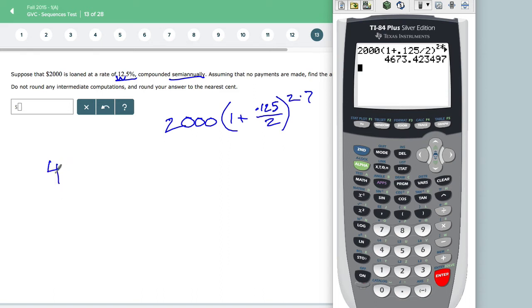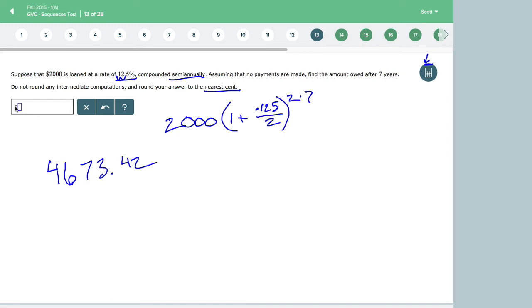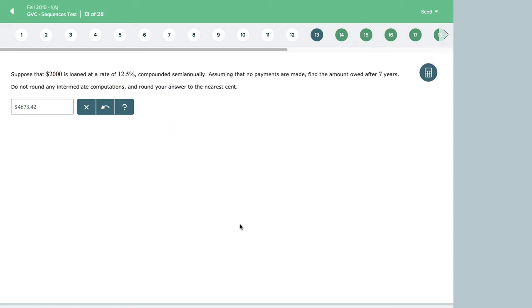So 4,673.42, and that 3 we're rounding to the nearest cent, so that 3 tells us we're just going to round down or keep that at 4.2. And we can enter that for 4,673.42, and that's how you do that type of problem.